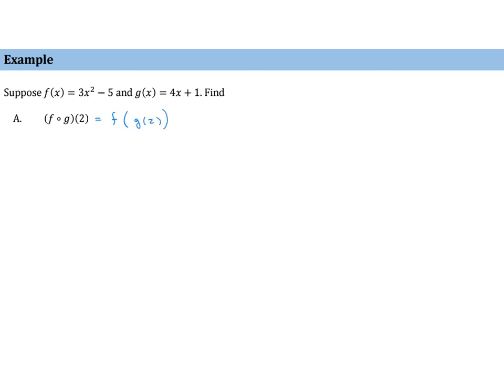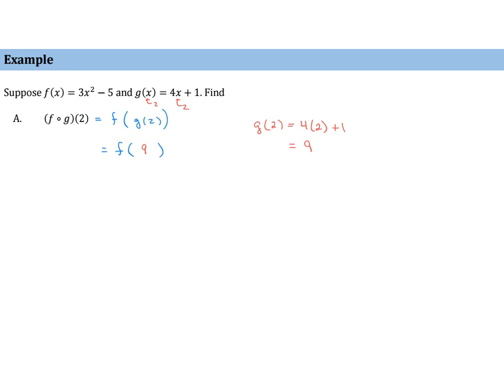So let's find out what g of 2 is. G of 2 will equal, I'm going to put 2 in here, and so that means that 2 will go in here. So we have 4 times 2, then add 1. So this will be 9. So g of 2 can be replaced with 9.